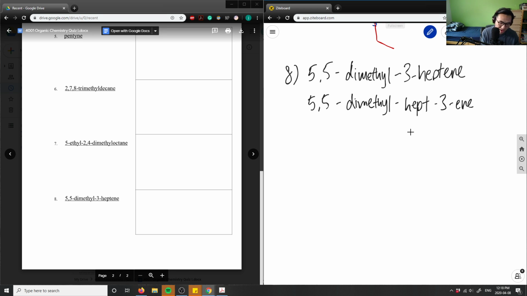I have 5,5-dimethyl hept-3-ene. So I'm starting with hept-3-ene as my first thing to do.